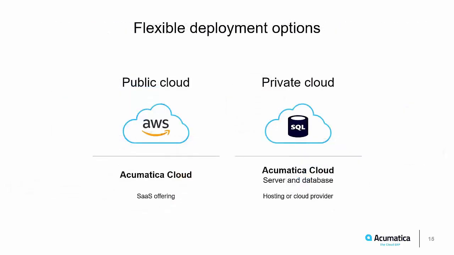We talked a little bit about the ability of choice, being able to run in a SaaS cloud. But we also talked about the fact that you could run the Acumatica application in a rack space or on some other server. You can also purchase the Acumatica solution and run it wherever you want also.